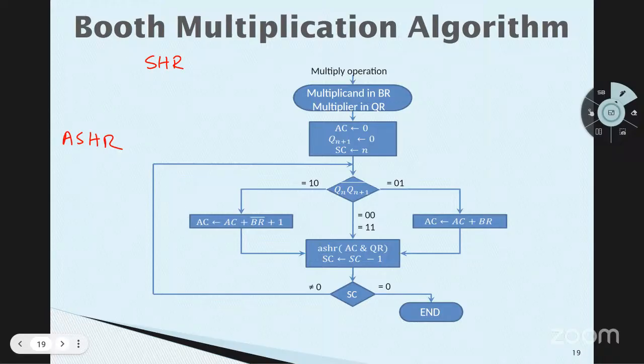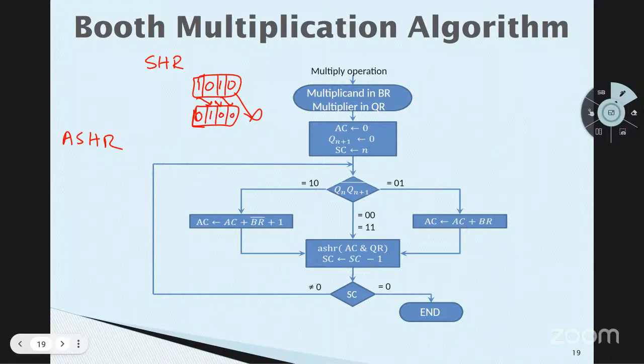In the arithmetic shift right operation, shift it, this will become 1 here and this one is 0 and here 1 more. It is vacant, what should we put there? 0. That is called the right shift operation.